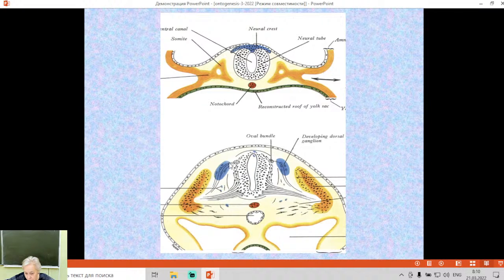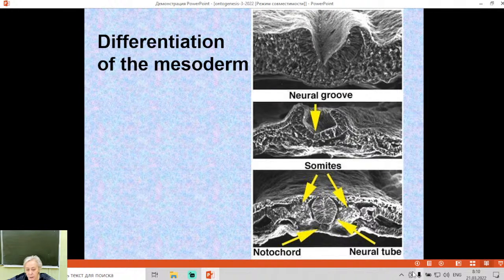On this slide, you see the process of migration of cells from the neural crest to other sides. Next process, differentiation of mesoderm.